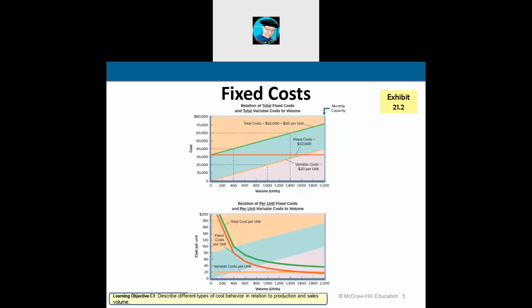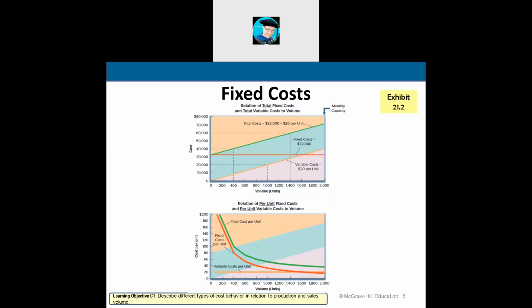I can hear you, Dr. B. I don't understand why that is. Now remember, this is on a per unit basis, okay? So my fixed costs are $32,000 in this example. My variable cost is $20 per unit. The more units I produce, the less fixed costs I apply per unit.